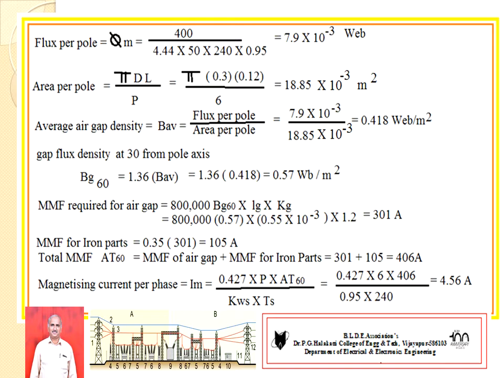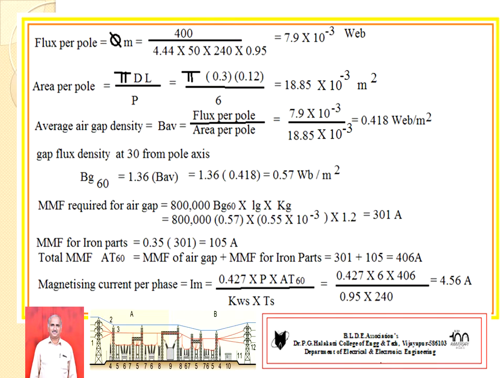Therefore, MMF required for air gap, by using general expression, 800,000 BG60 LG into Kg. Kg is gap contraction factor, LG is length of air gap, BG60 flux density at 60 degree from interpolar axis.